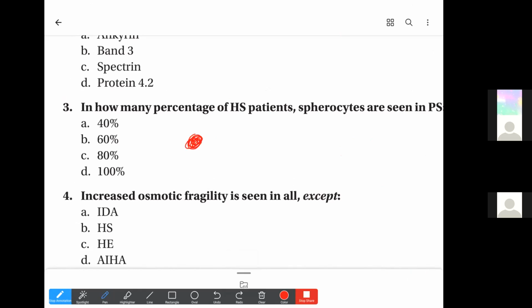They will be smaller than the normal diameter, and they lack the area of central pallor. So these are two differentiating points: they are smaller, and they lack the central pallor, which is characteristic of the biconcave disc shape of RBCs.